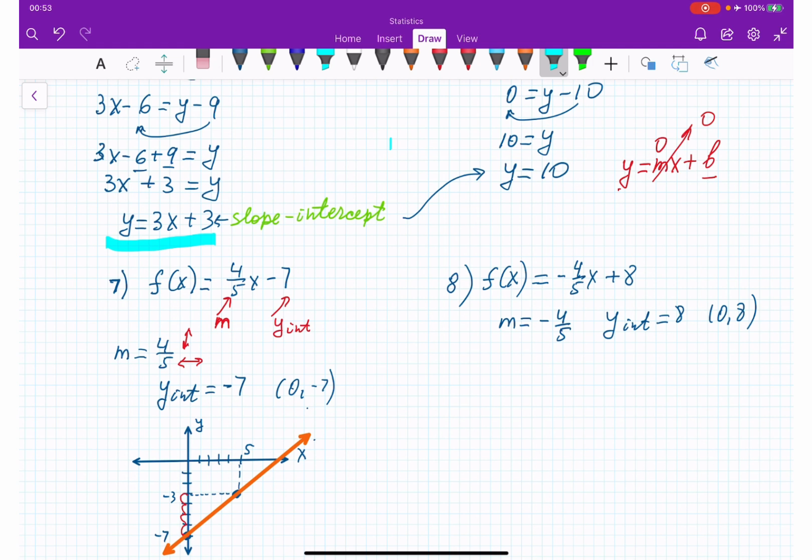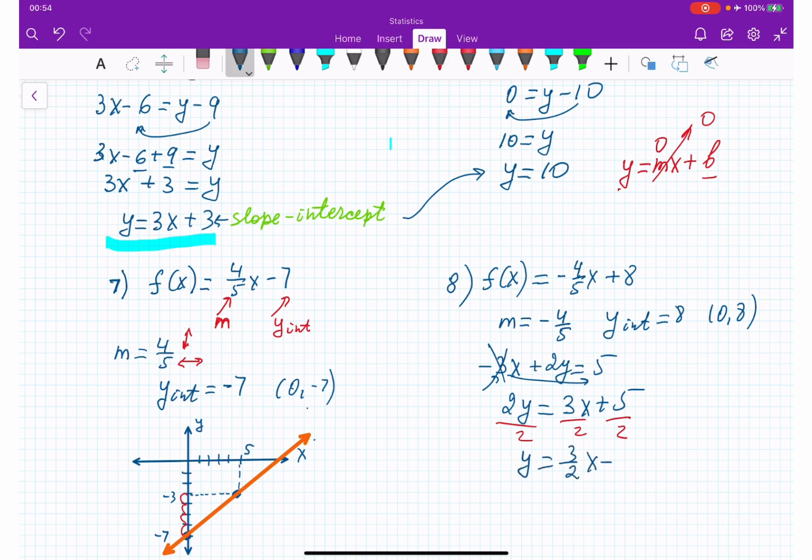Now, if I had, let's say, the equation negative 3x plus 2y equals 5, then you do not dare to insist that negative 3 is the slope. It's not. In this case you have to find y from here, which is going to be 2y equals, I move negative 3x, will be 3x plus 5, and divide everywhere by 2, and I would get y equals 3 over 2x plus 5 over 2.